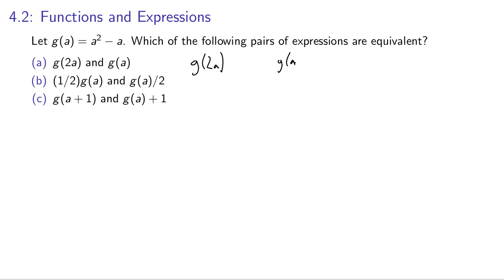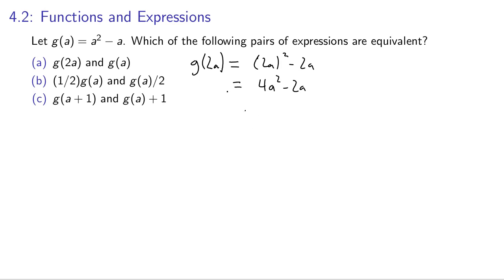So we're asking, are these equivalent? Remember, to show it's equivalent, we need to think about the expression that defines its rule. So here we would have g of 2a. Let's go ahead and figure out what g of 2a would be. g of 2a would be putting in 2a for a. We'd have 2a squared minus 2a, which would be 4a squared minus 2a.